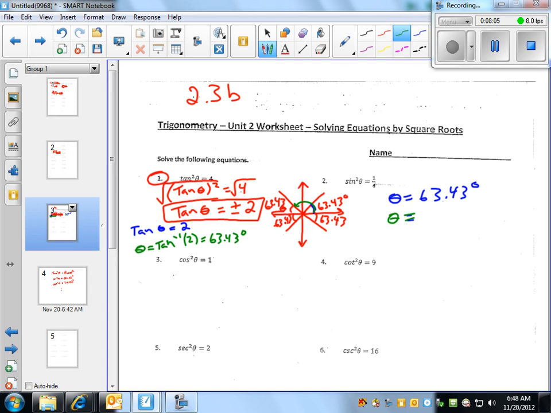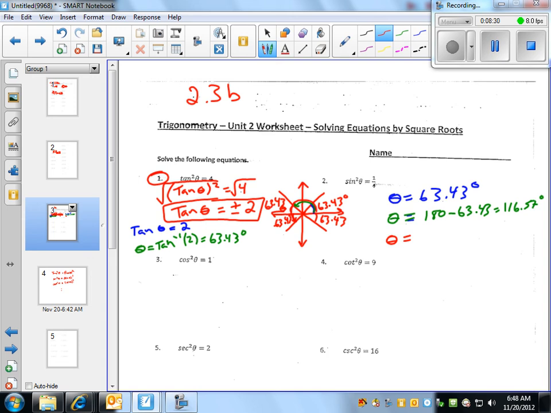The second one is going to be 180 minus 63.43, because that's going to get me this angle in green here. And so that's going to be 116.57 degrees.